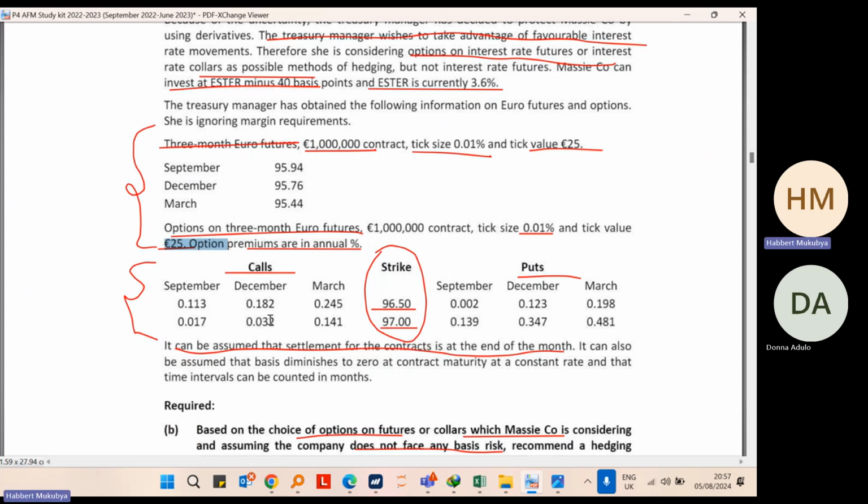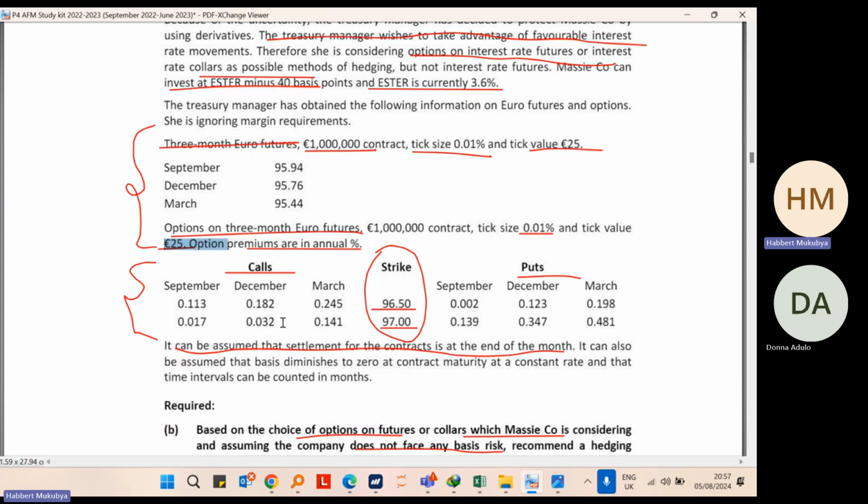So the premium on the options is this. Okay. So if you buy call options at 97, you will be paying a premium of 0.3032.